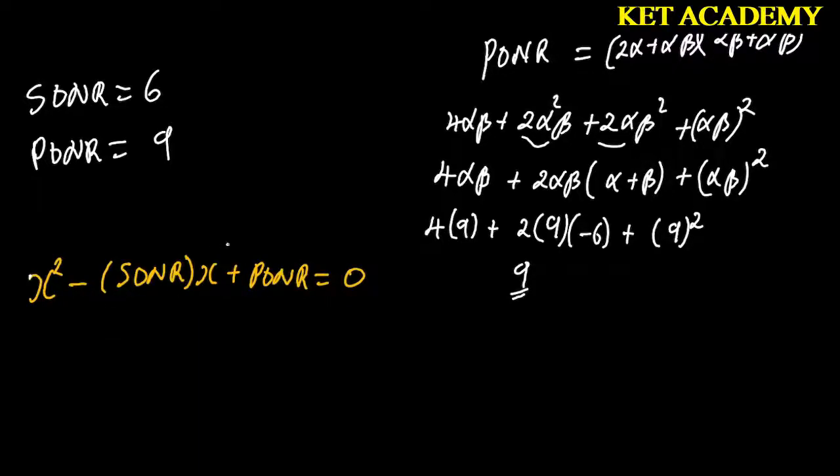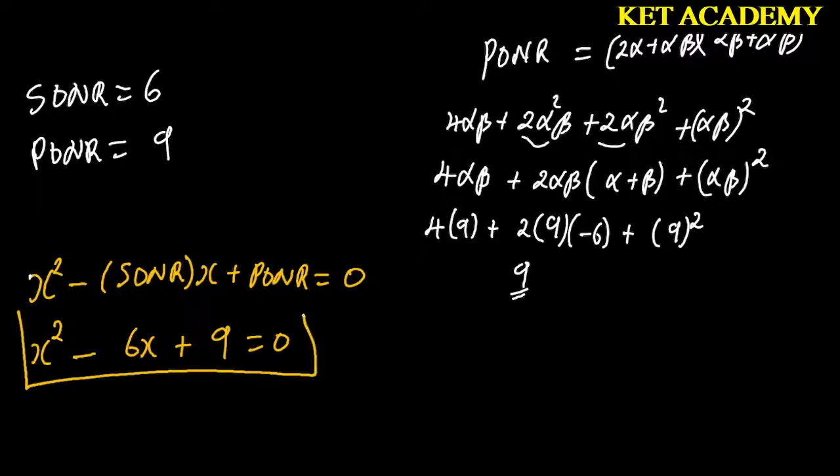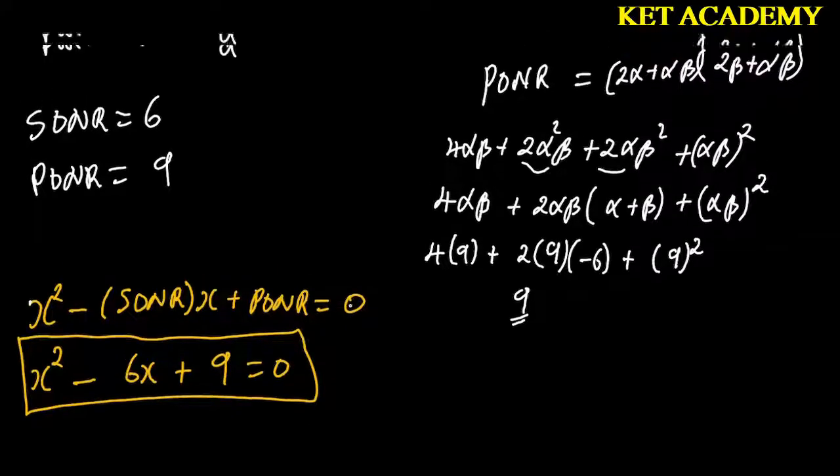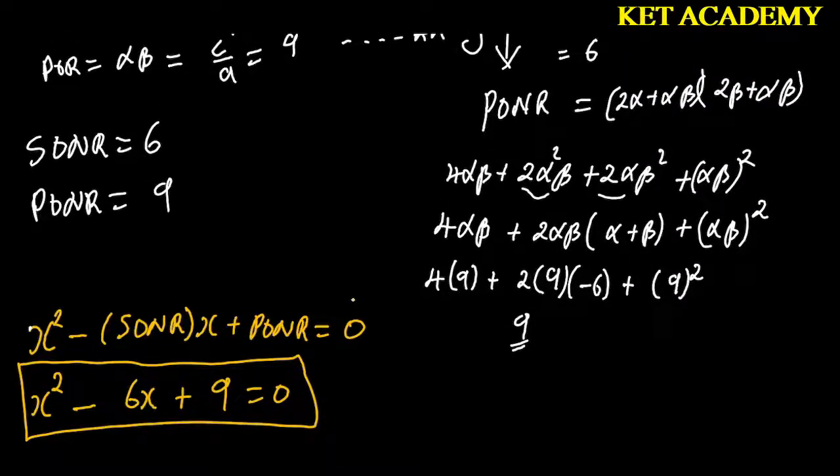So we substitute: x squared minus 6x plus 9 equal to 0. Here is our quadratic equation whose roots are 2 alpha plus alpha beta and 2 beta plus alpha beta.